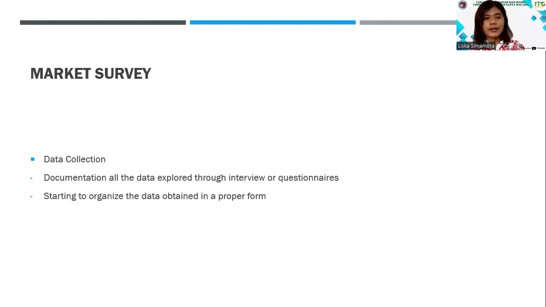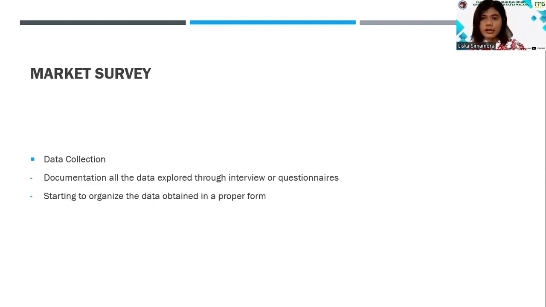And then in this data collection, organize the data obtained in a proper form. Proper form means, like if we put the data in a spreadsheet, there will be rows and there will be columns.